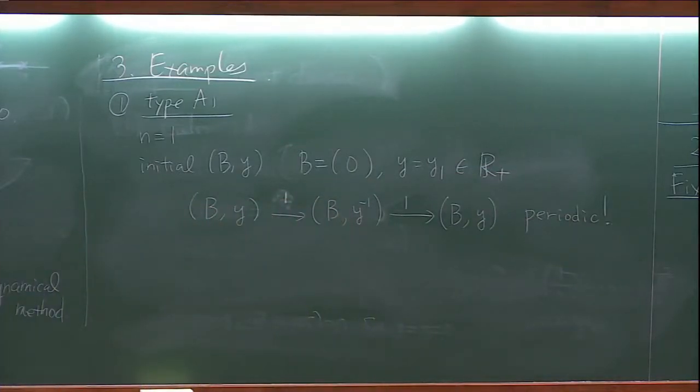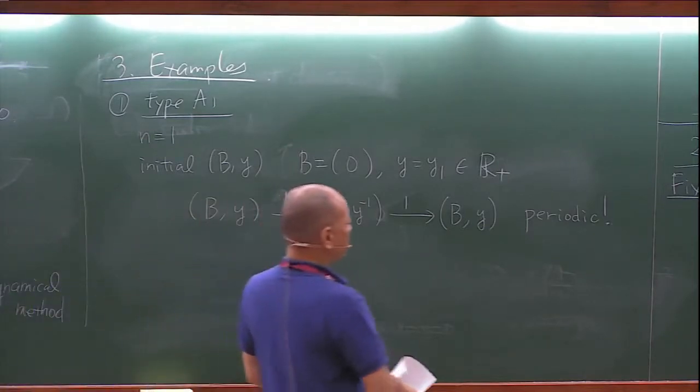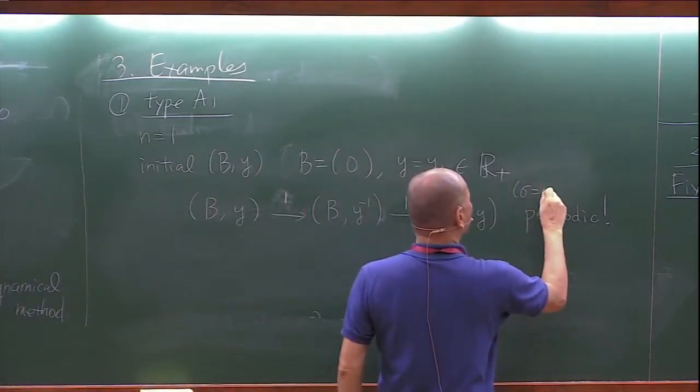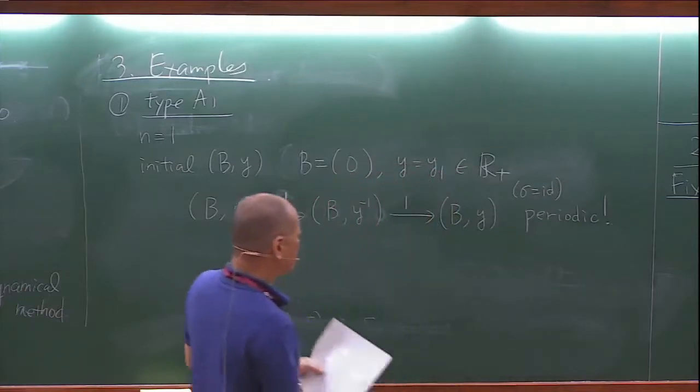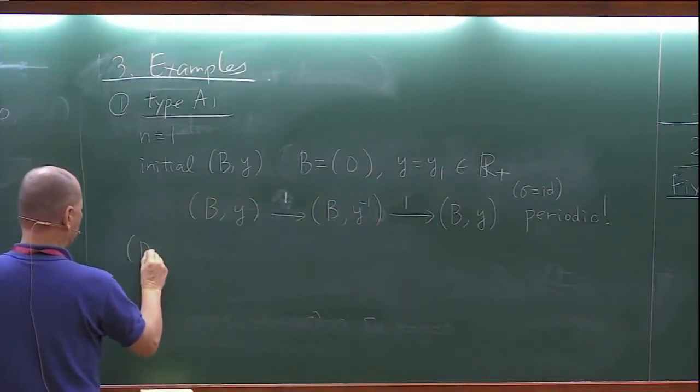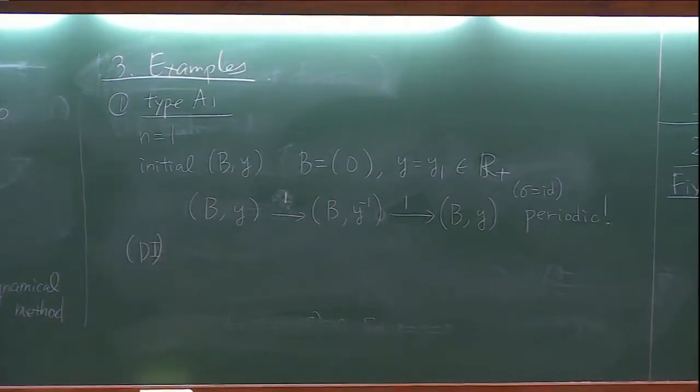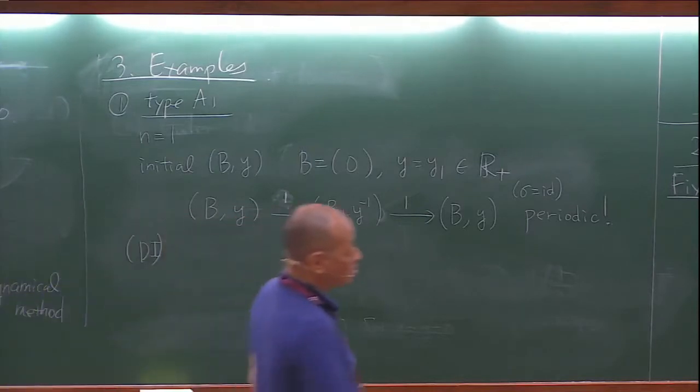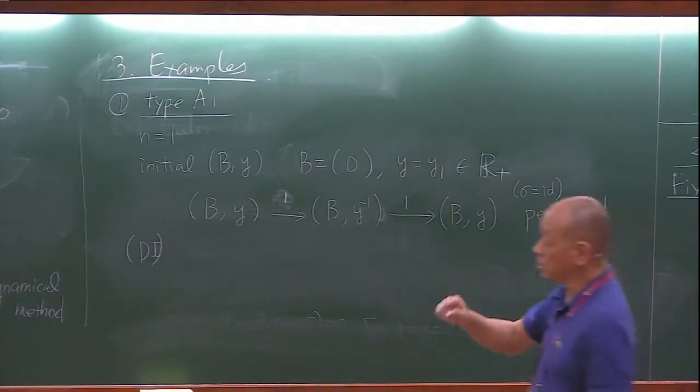So note that this theorem does not depend on the choice of sigma. Whatever sigma, it's okay. But in this case, sigma is exactly the identity, so it's really periodic. Okay, so let's write down the associated dilogarithm identity according to this general formula. Here D is just 1, you can choose it as 1, so you forget about it.